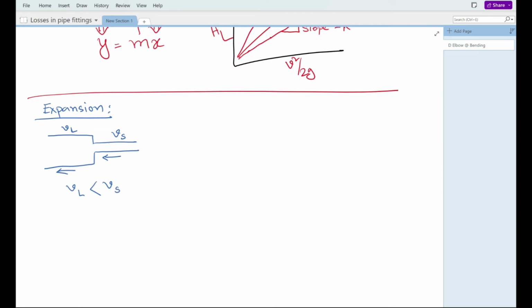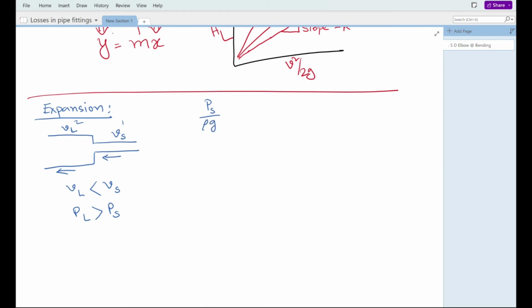And for contraction, we have a larger pipe and suddenly the pipe diameter decreased, right? So we have velocity in the larger pipe and velocity in the smaller pipe.